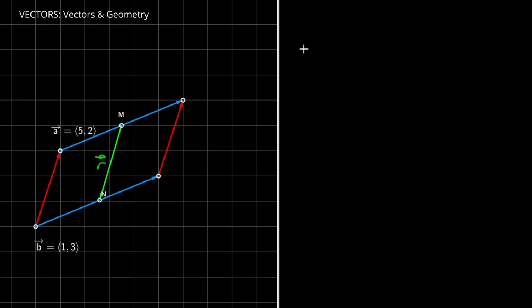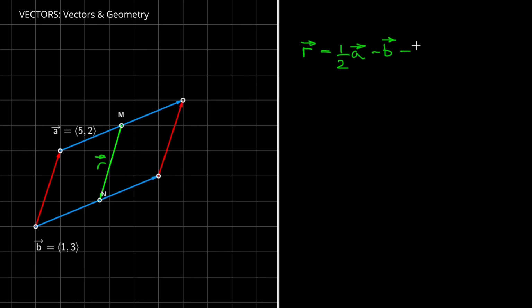Okay, let's describe its journey. First of all, we want half of vector A going in a positive direction. Now we're going against the red line, which is vector B, so we take away vector B. And now we're going to go against vector A's definition, but we only need half of it.